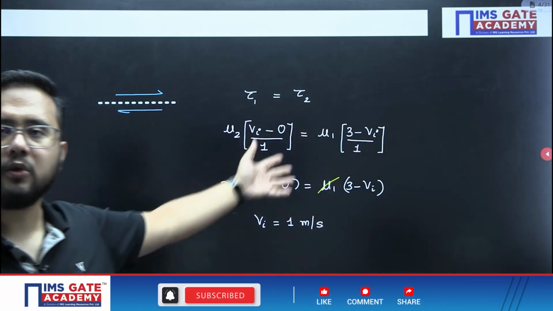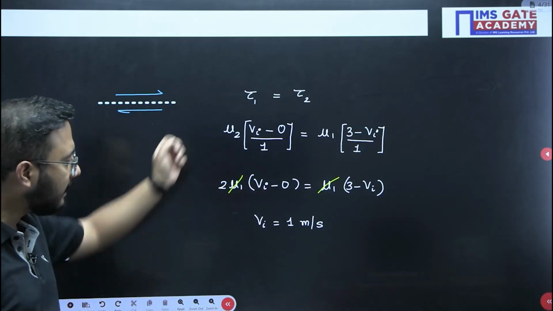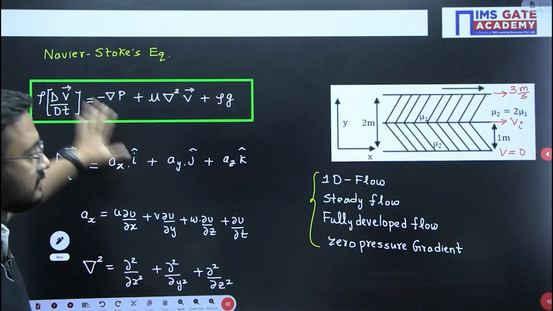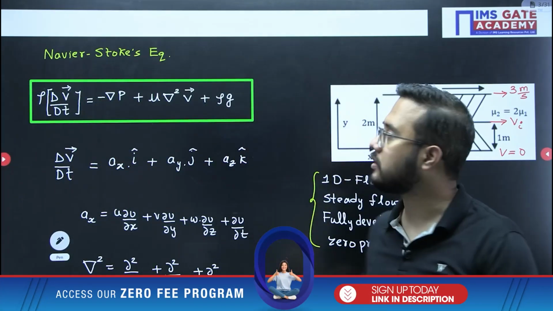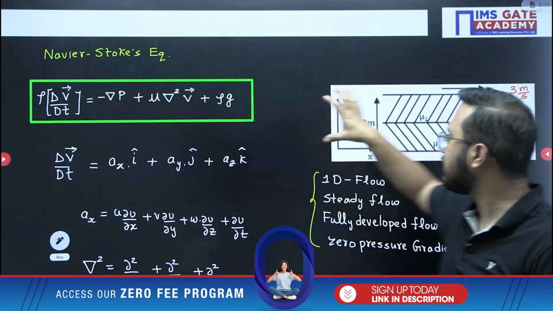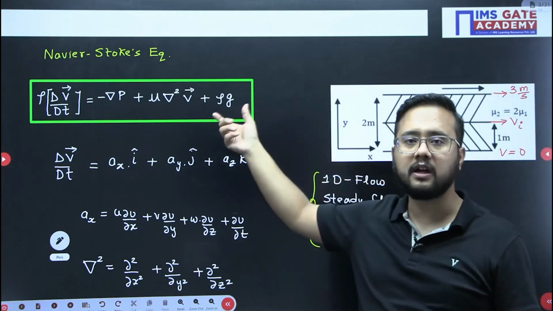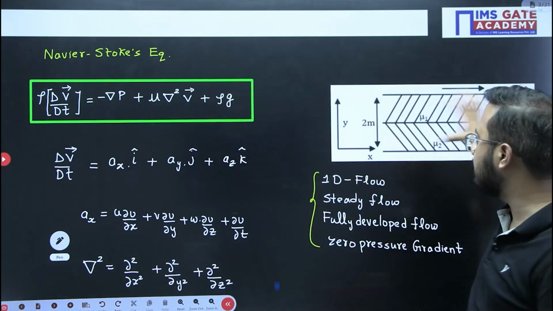So the solution is a one line solution. Within one line we can solve, and hardly it will take 30 seconds to solve this question. But the important part is this discussion. This is very important. The Navier-Stokes equation application. What is the Navier-Stokes equation? And this body force will not come in this horizontal motion. In this horizontal motion, this body force part will not be coming because it is a horizontal motion.